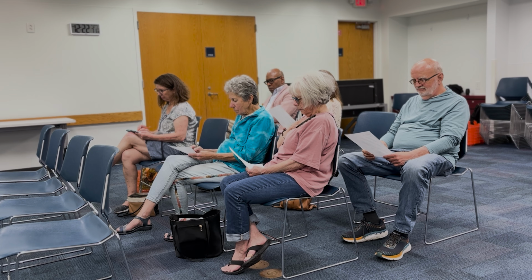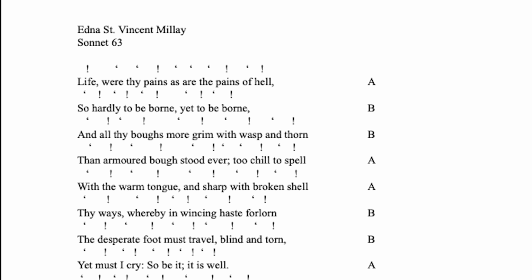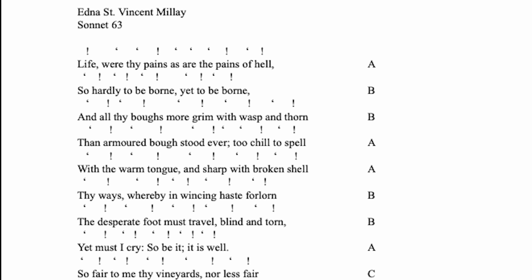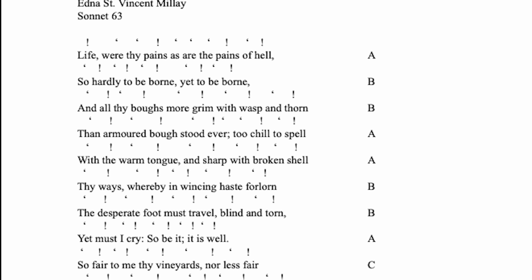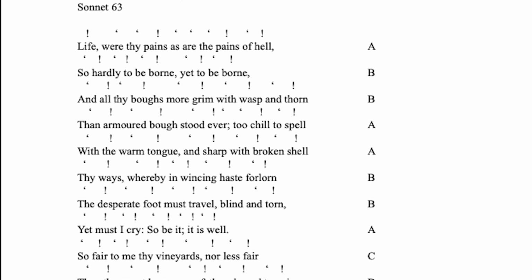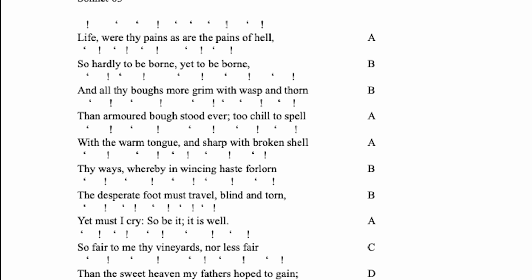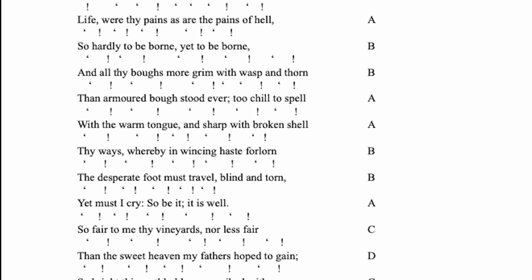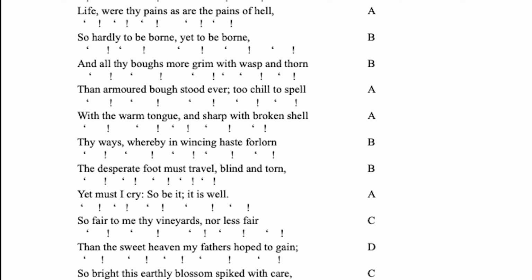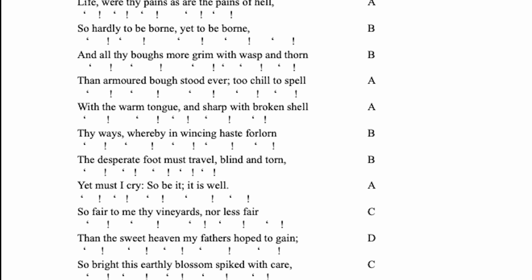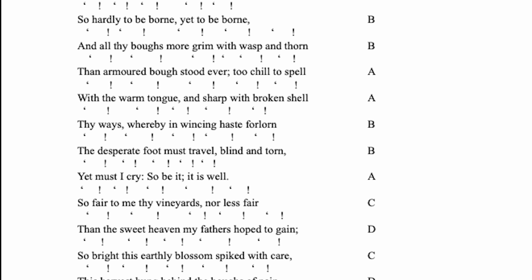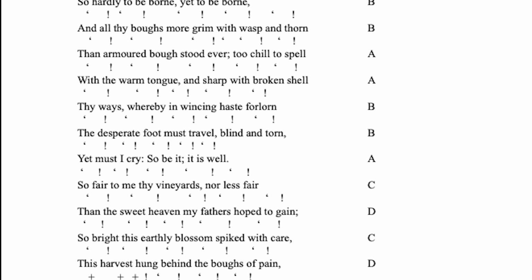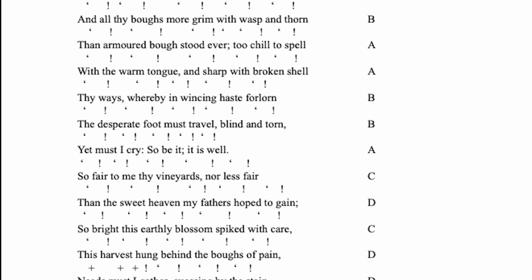The first 8 lines of a Petrarchan sonnet start with the first sound, in this case "hell," and then the second line is "home," and "born" and "thorn," which form a couplet, and then the next 2 lines are "spell" and "shell," which are a couplet using the "hell" rhyme scheme, and then one more couplet, "forlorn" and "torn," and then ending with the first sound, "well," which rhymes with "hell" again.